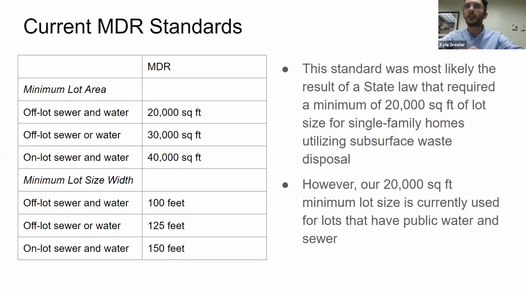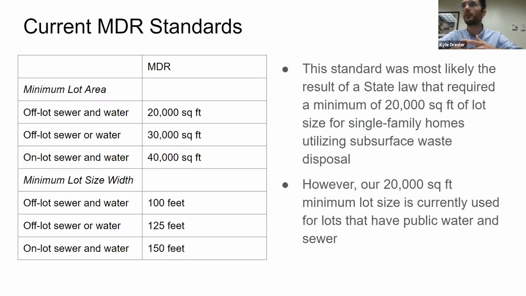If you look at the lot area, the 20,000 square feet most likely comes from state law that requires a minimum of 20,000 square feet for single family homes utilizing subsurface waste disposal. However, the line that requires 20,000 square feet of minimum lot size applies in Orono to lots that don't have subsurface waste disposal.